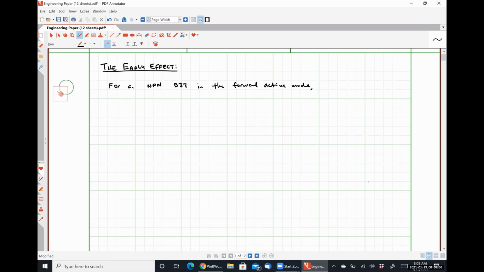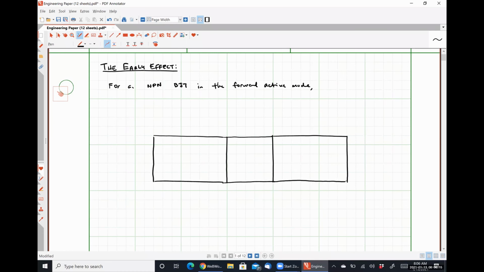So over here, we will have our emitter. So this would be our emitter current.